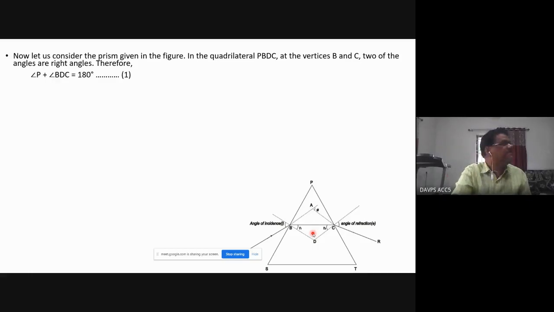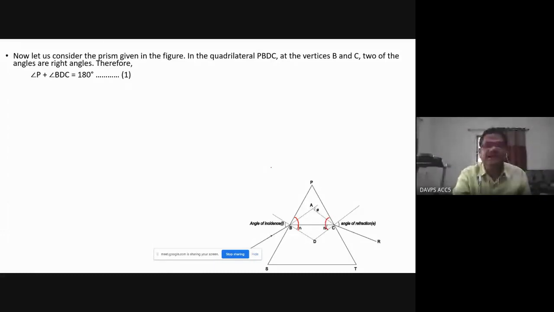Then P plus BDC, this angle is 90, and this angle is also 90.